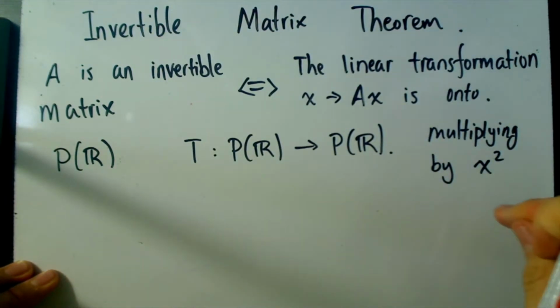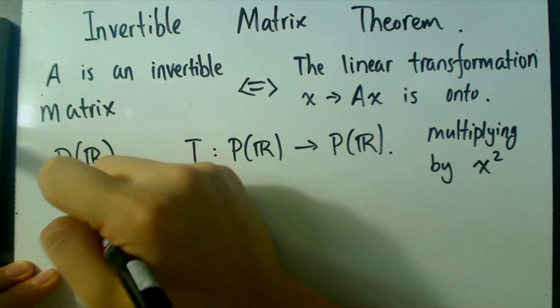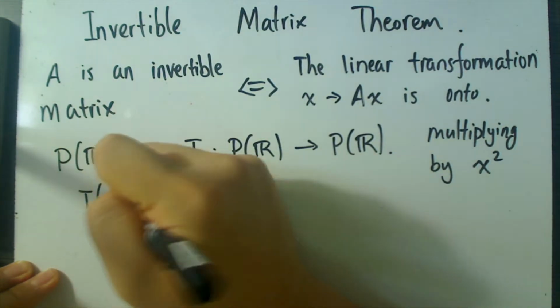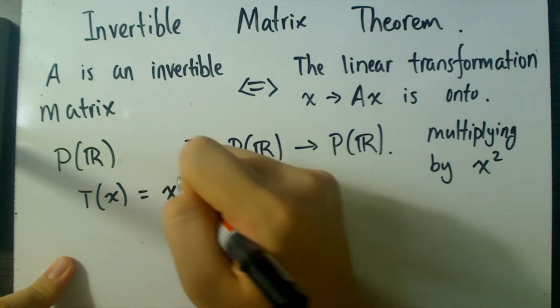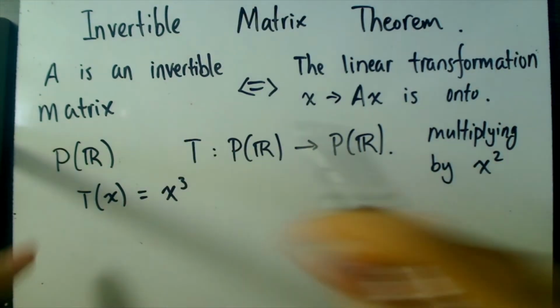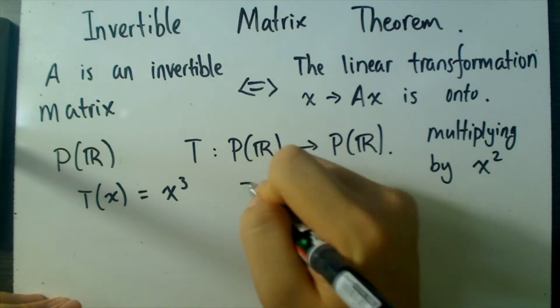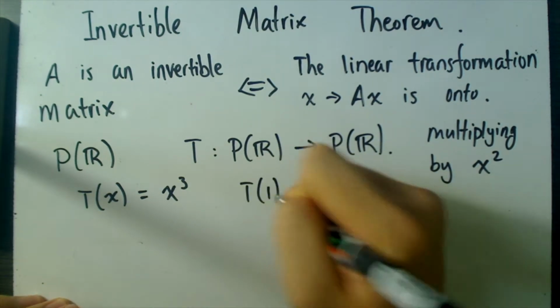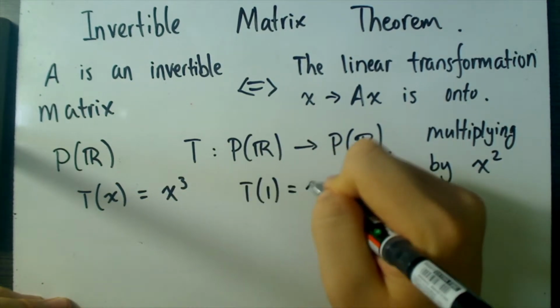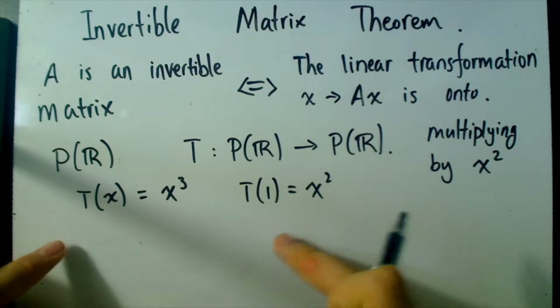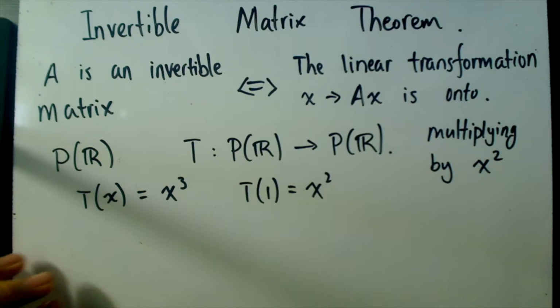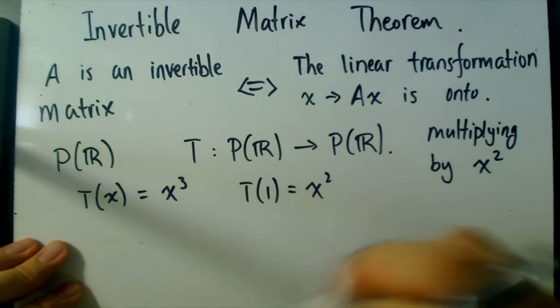So what this does is that if you plug in, say, x into T, then you get x cubed. Or if you plug in, say, 1 into T, then you get x squared. You can see they're multiplied by x squared according to our definition of this linear transformation.